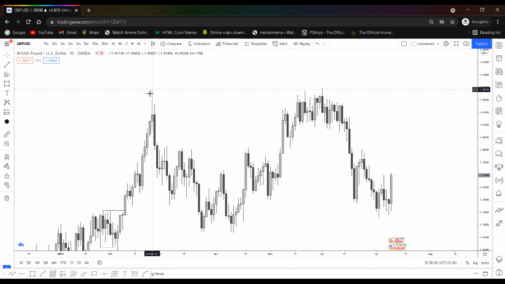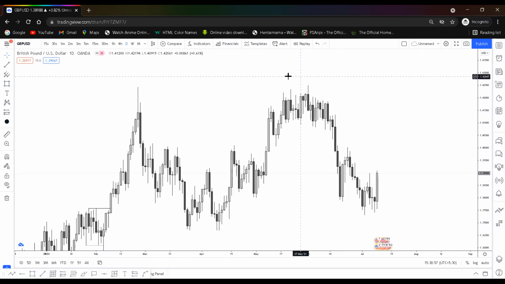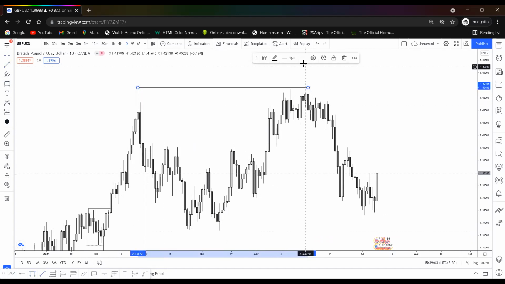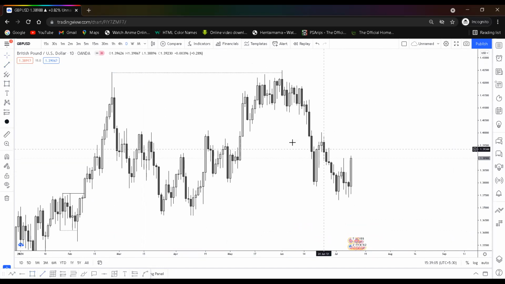Price went up and then came back down into this candle, the last push down before the push up, and then pushed price higher and took out this high. So now our new range would be from this low to this high.